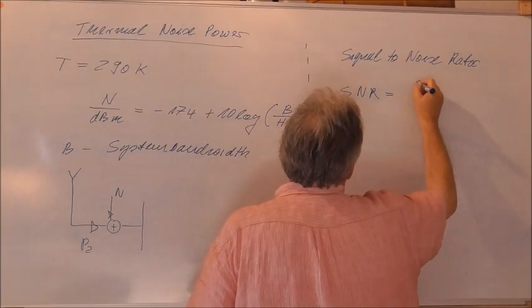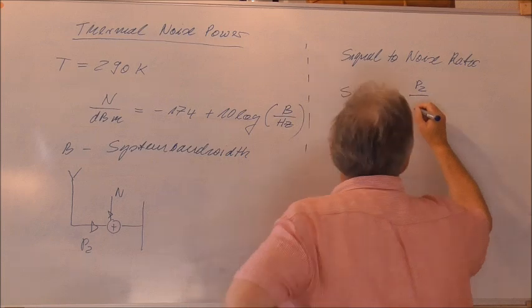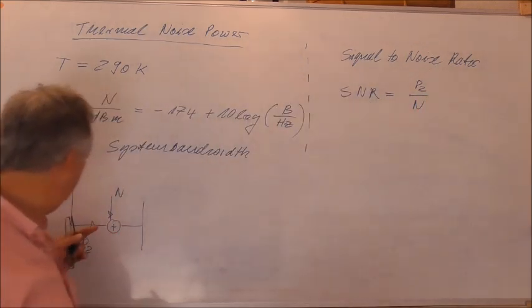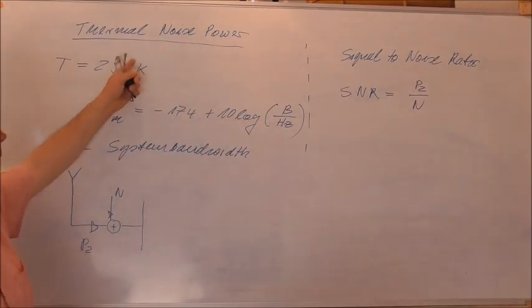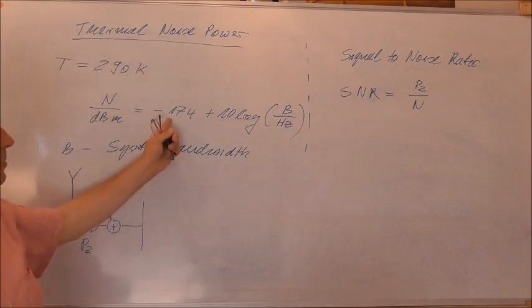This is the received power P2 with reference to the noise which is fed into our system depending on the noise bandwidth and the absolute temperature. Of course, the absolute temperature will determine this value.